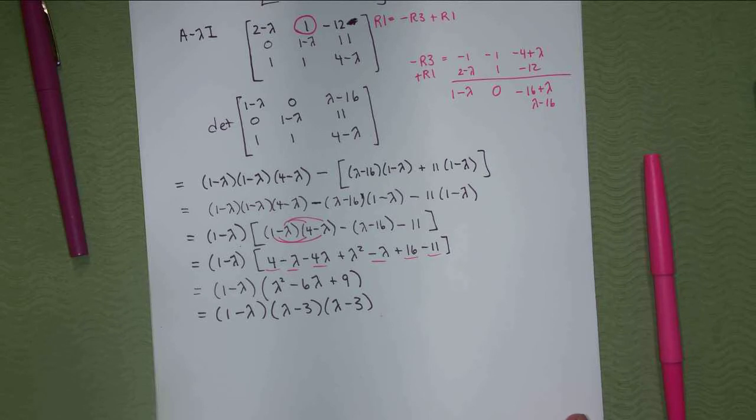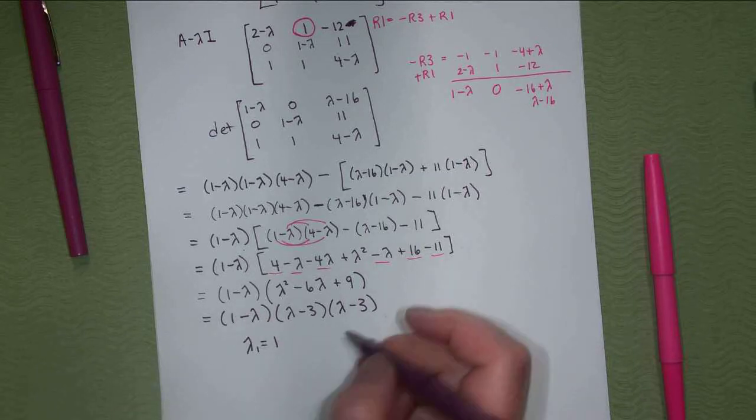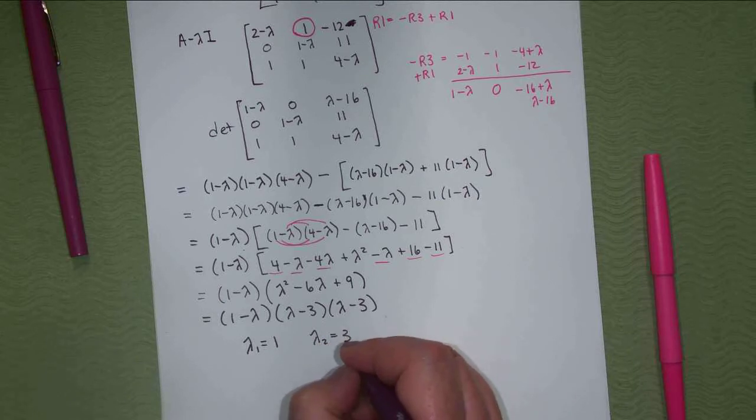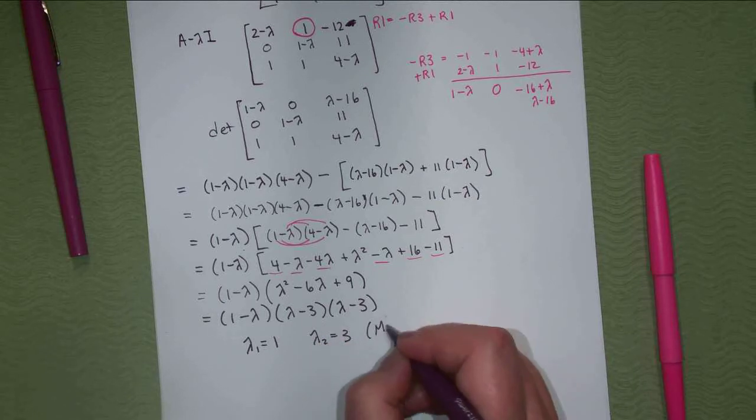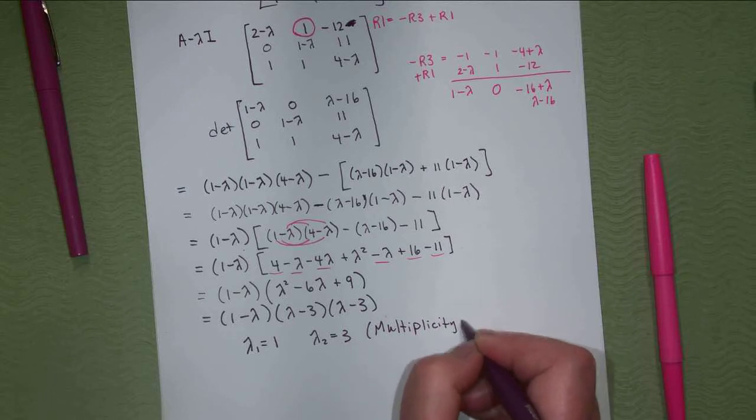The other one, remember that second one I did was like a whole page. Usually you wouldn't have to do all of that. So what are the eigenvalues? 1, and here, just 3. We actually say this is multiplicity 2.